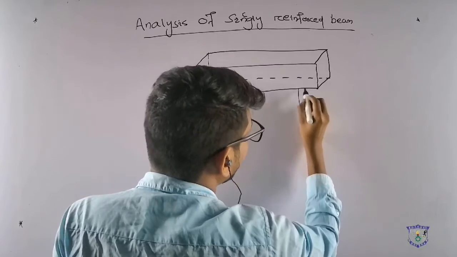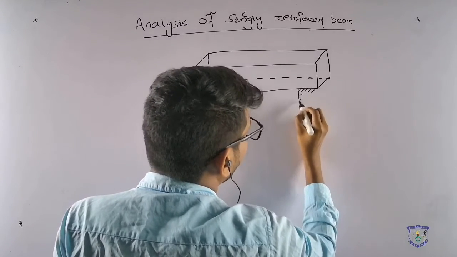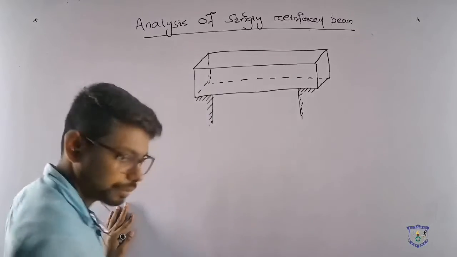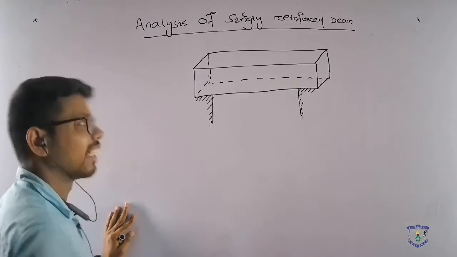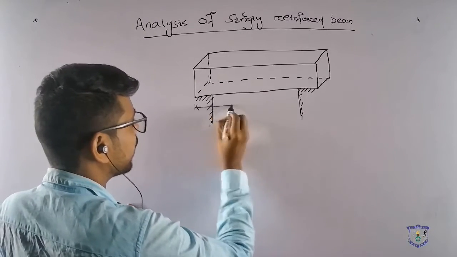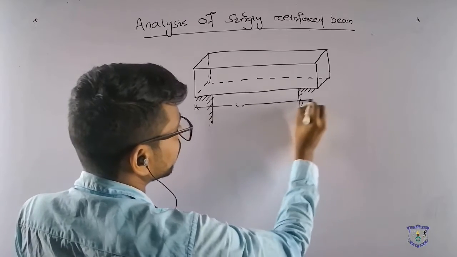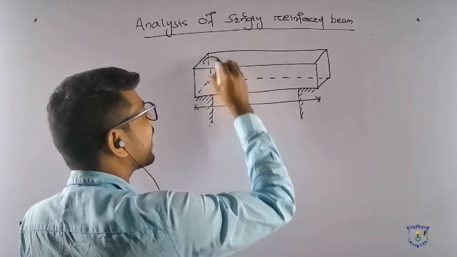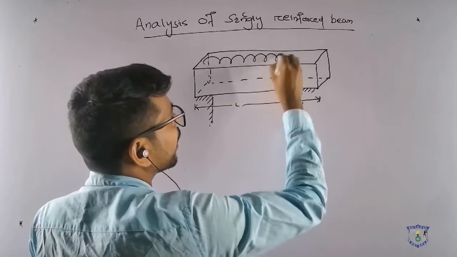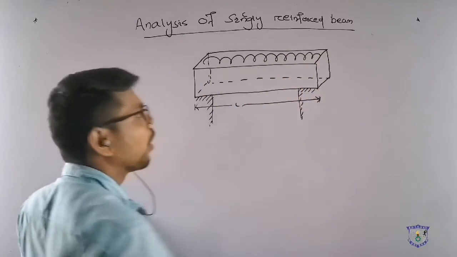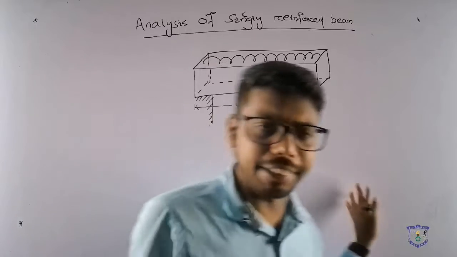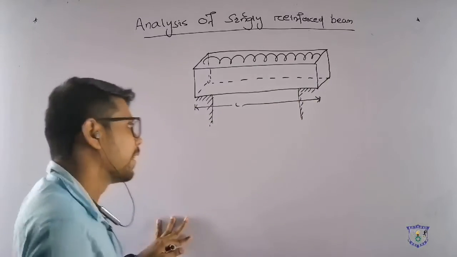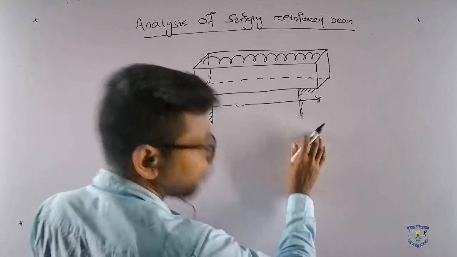In this beam, we have to find out the moment resisting capacity. Let us consider the total length of the beam is L, and a uniformly distributed load acts over the entire span. And these are the supports.